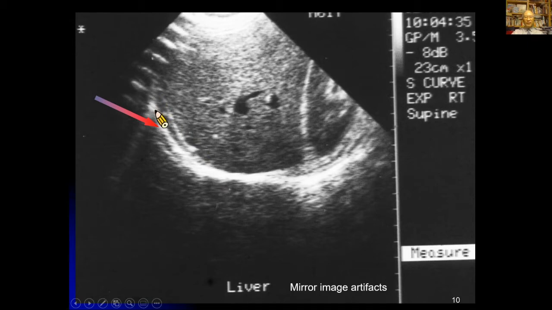Here you can see the visceral pleura or lung, and here is the muscle, the diaphragmatic muscular bundles, and in between the liver and the diaphragm there's the liver capsule plus parietal peritoneum. So the diaphragm muscle here is reflected to here, so this is a mirror image. This is real, and this is the mirror image of the interface between muscle and the liver.